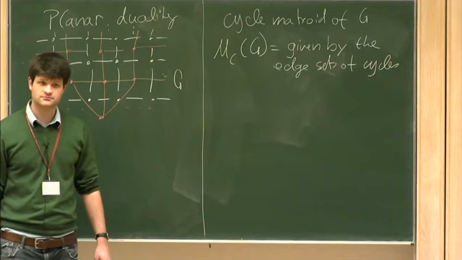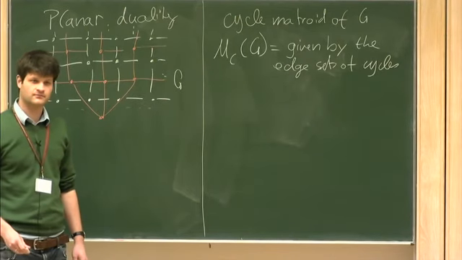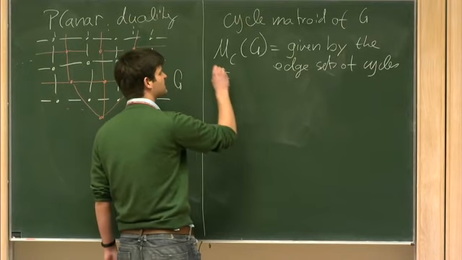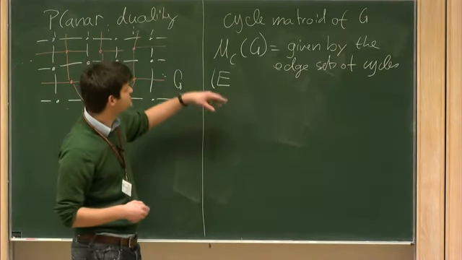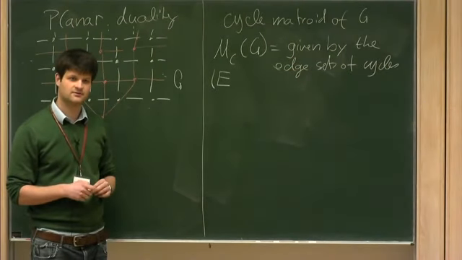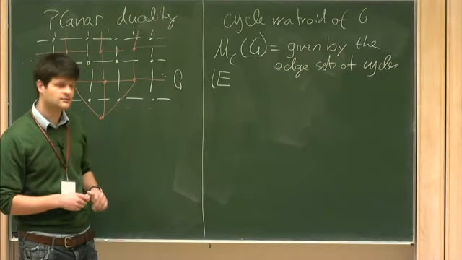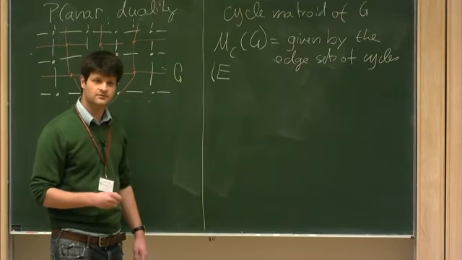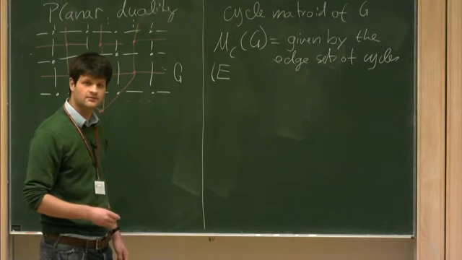So it's just the union of the edge sets of the cycles? A matroid just consists of a ground set, called the edge set, together with a system of subsets, and these are just the edge sets of the cycles.